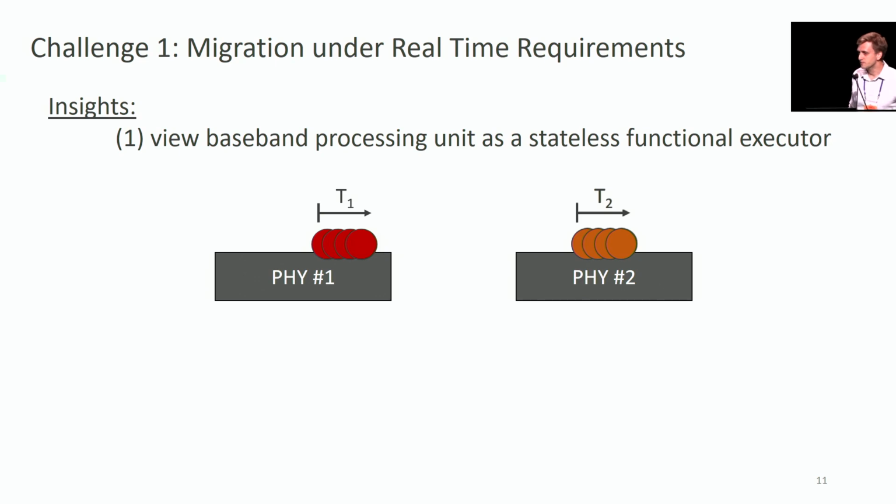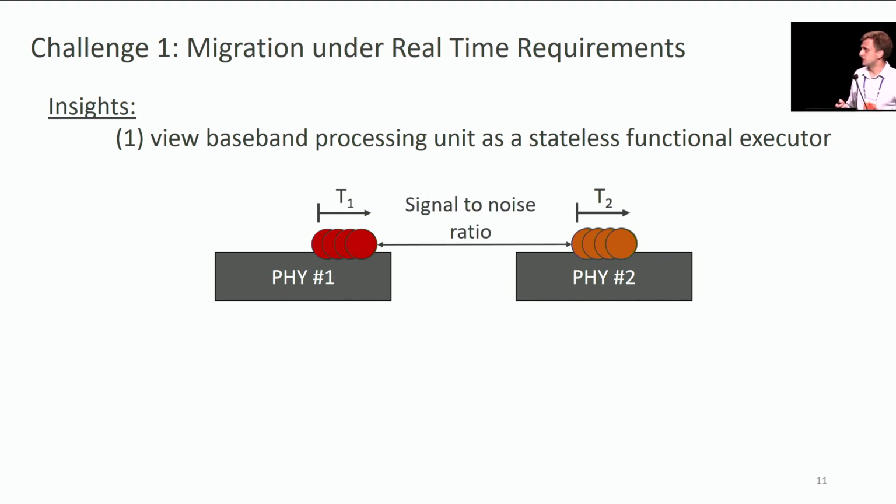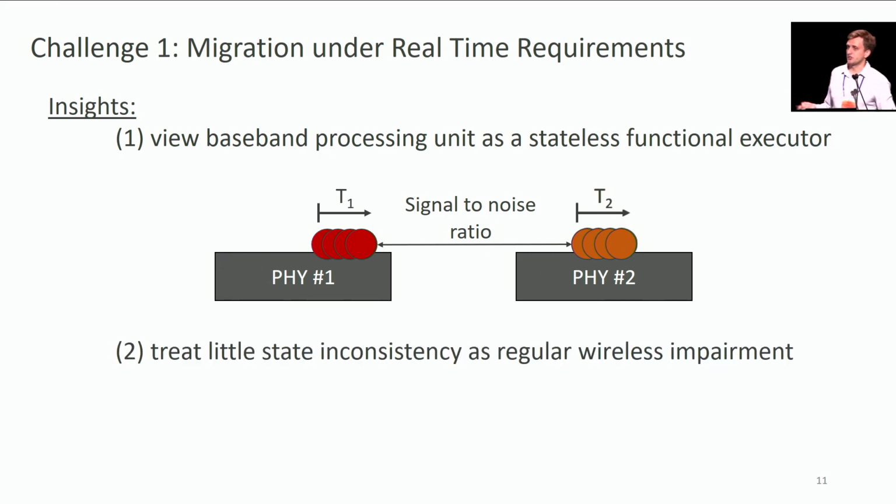So this means that we can move processing for another time window to a different server without introducing much state inconsistency. What I mean by almost is that in real baseband processing systems, there is a little bit of state being carried over between the windows. One example of such state is the average value of signal-to-noise ratio, which is computed across multiple windows. Here we rely on another interesting observation: such little state inconsistency doesn't introduce more errors than regular wireless environments, which all cellular networks are designed to handle.